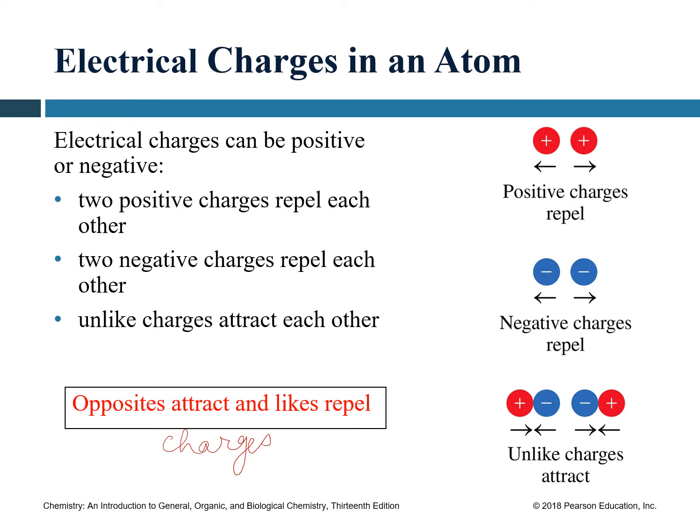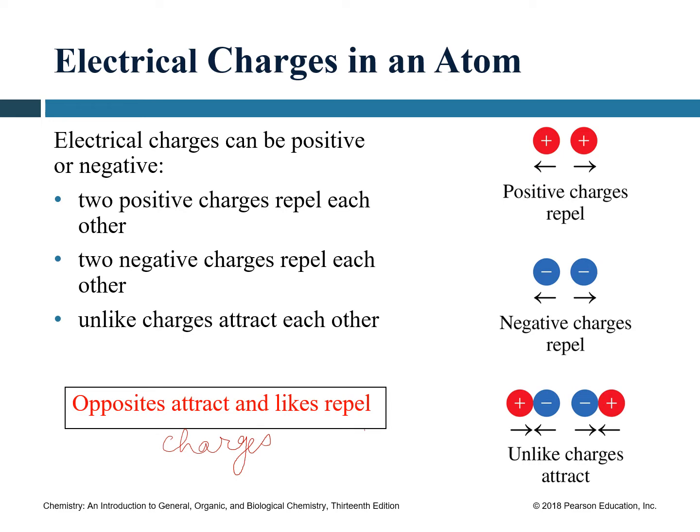And if you bring unlike charges, for instance a positively charged object and a negatively charged object, they are going to attract each other, because opposite charges attract, so they will try to be closer to each other because of the force of attraction. So opposite charges attract and like charges repel each other.